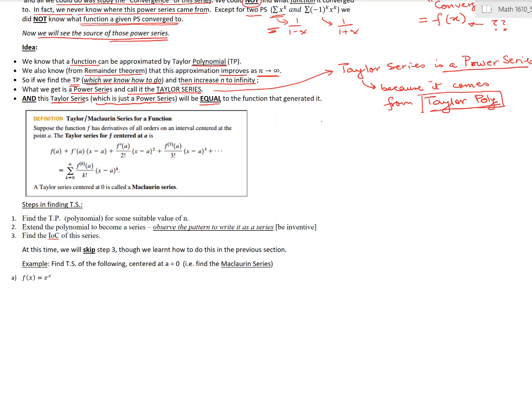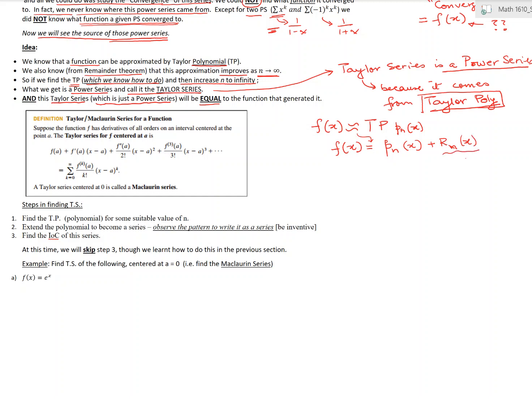So the idea is that, remember, f of x could be approximated by a Taylor polynomial, which we wrote as Pn of x. Then we studied that it becomes equal if I take the Taylor polynomial and add the remainder to it.